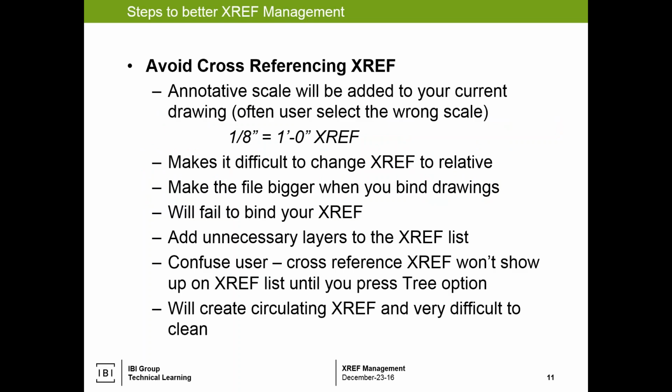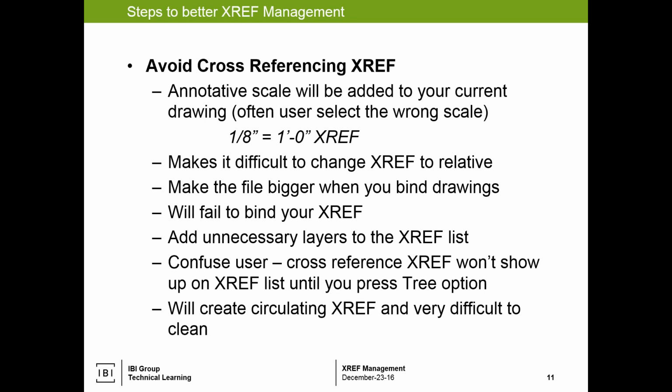Now the other thing to avoid with cross-referencing is that if you do cross-reference, your annotative scale will be added to the current drawing. Often the user will select the wrong scale. I've seen a lot of projects where people select 1/8 equals 1 foot for the XREF, okay? You're not supposed to, but it happens. Also, it makes it very difficult to change XREFs to relative.